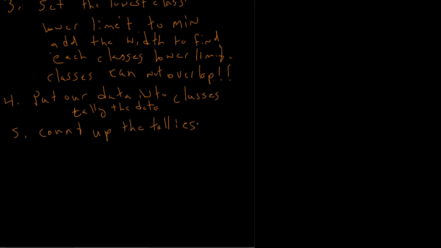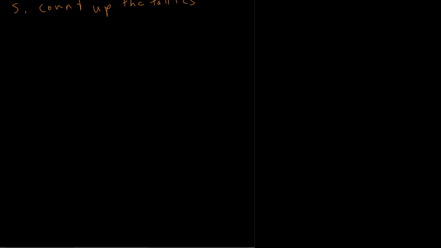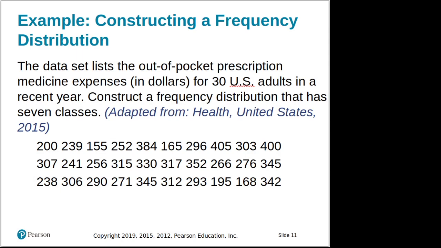So let's do one of these, and let's do it piece by piece. I'm going to use the data that the book uses, which is here. Let me brighten up the screen a little bit. All right, this is slide 11 from chapter 2, section 1, and we have 30 pieces of data. Those 30 pieces of data are this range of numbers.